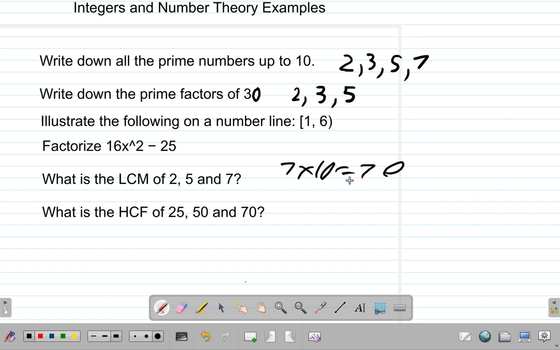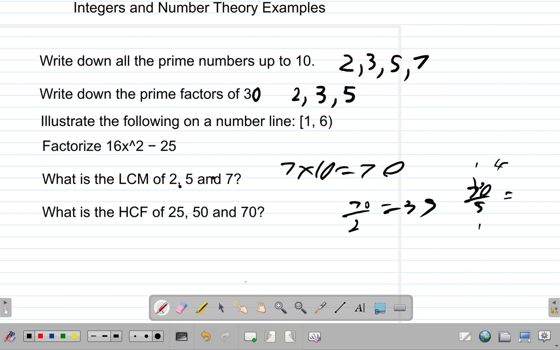Oh yes. So the fact is, 70 is a multiple of 2 because 70 divided by 2 gives you 35, no remainder. 70 is a multiple of 5 because 70 divided by 5 gives you 14, no remainder. Good.